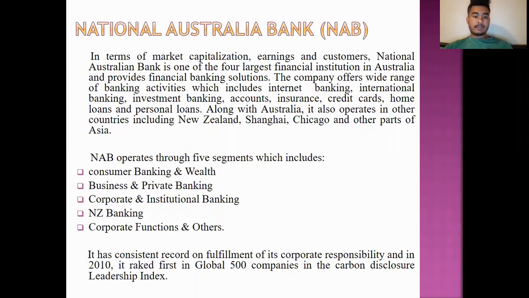other parts of Asia. It offers a wide range of banking activities, which includes banking, internet banking, international banking, investment banking, insurance, credit cards, home loans, and many more. Its five important segments are consumer banking and wealth, business and private banking, corporate and institutional banking, angel banking, corporate function, and other.